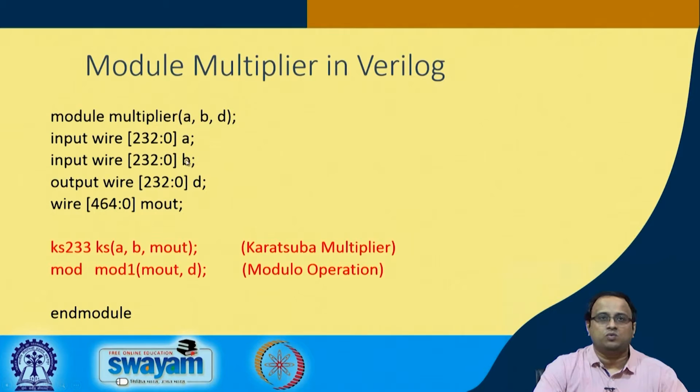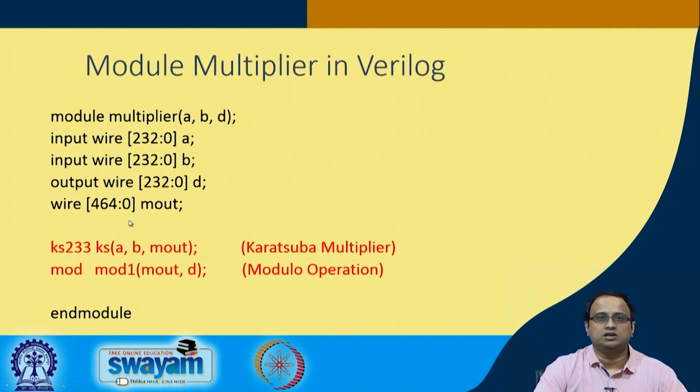When I am doing a normal multiplication of A and B, my result can go up to 465 bits, because when multiplying two numbers there can be an increase in the field size. Taking GF(2^233), the maximum degree is 232, likewise for both A and B. If I multiply A(x) and B(x), the degree can go up to 232 times 2, which is 464.